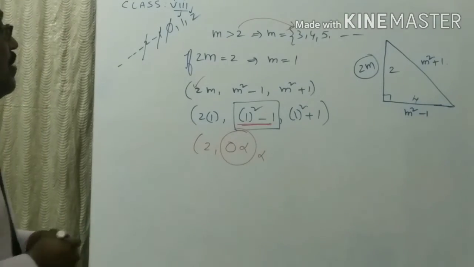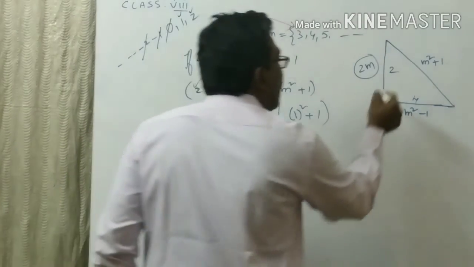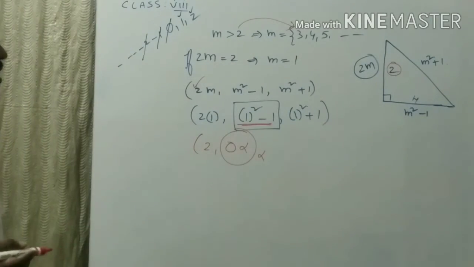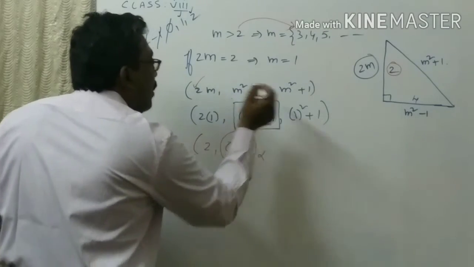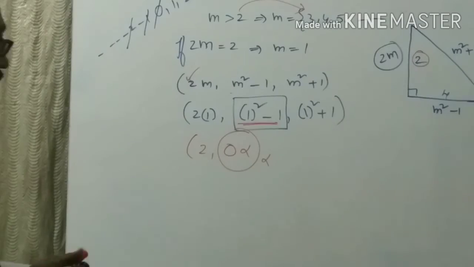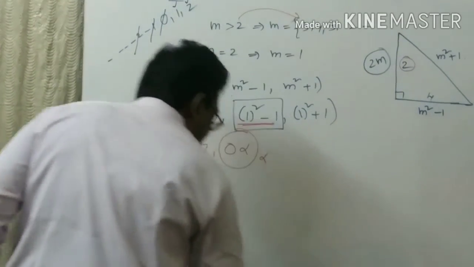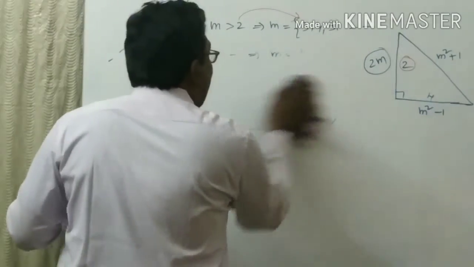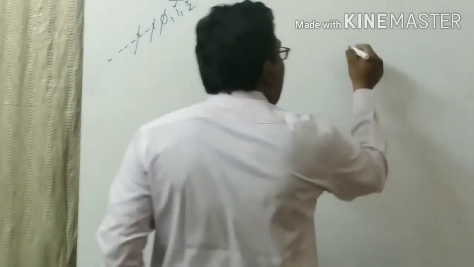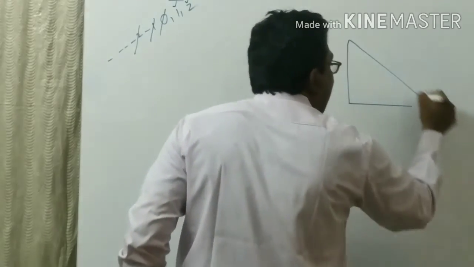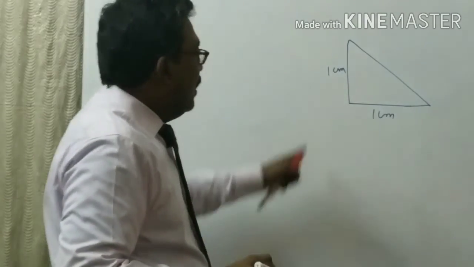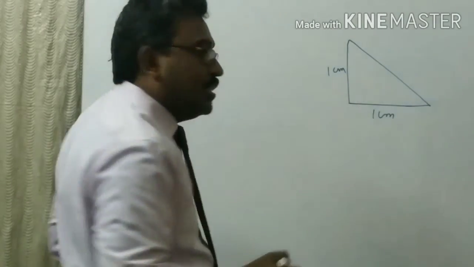That means if one side is 2, then we cannot write it in this form, so you will get irrational numbers as sides in a right angle triangle. One example I will tell you of how to get the irrational sides of a right angle triangle. Suppose I take one triangle with sides 1 centimeter and 1 centimeter.